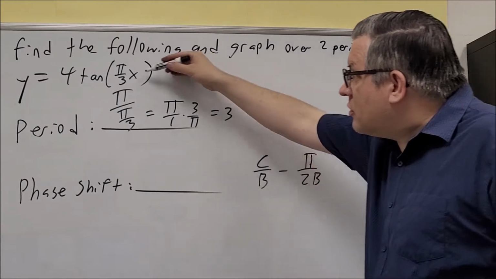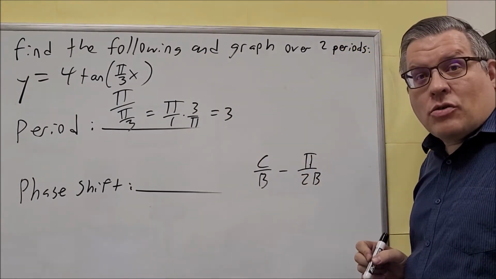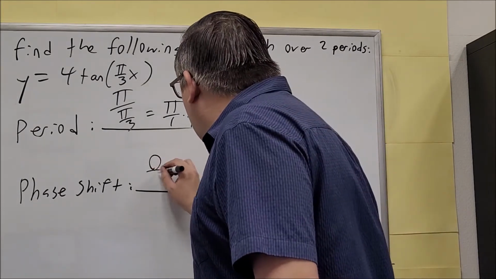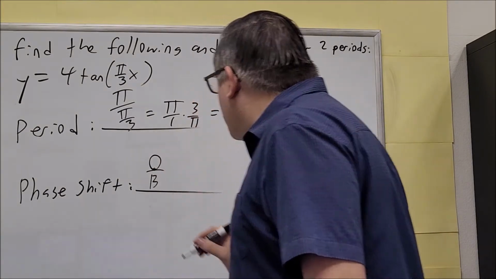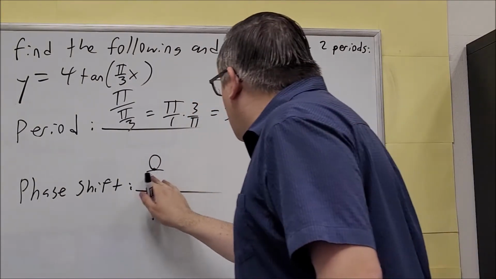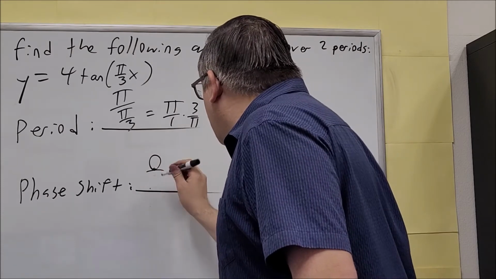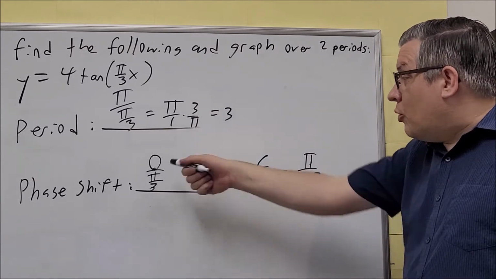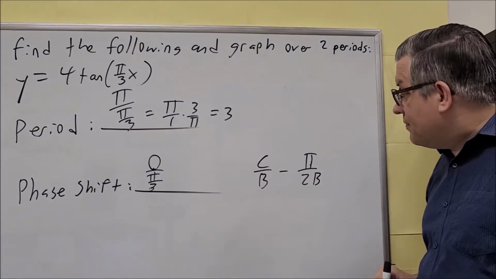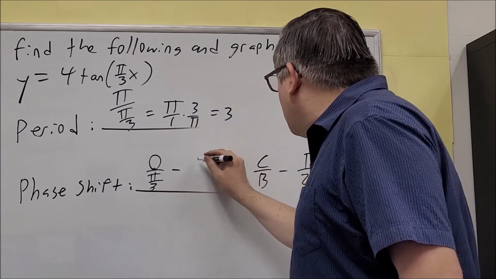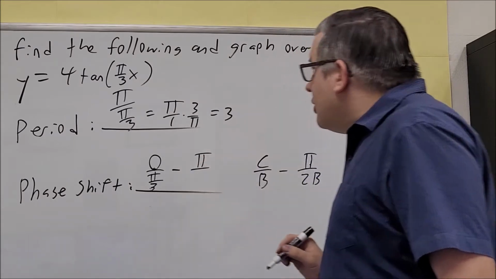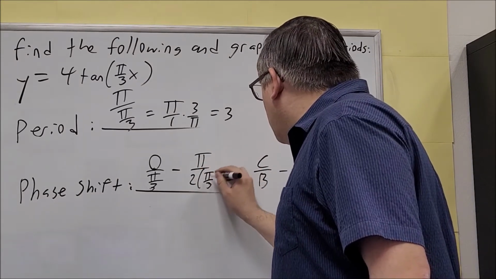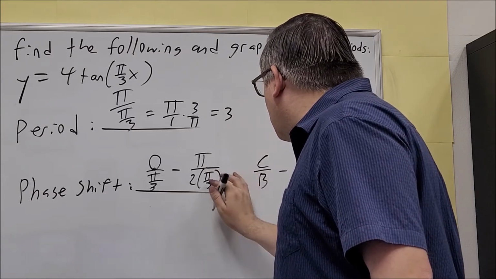When that occurs, our c is 0. So we have 0 over b, which in this case our b is pi over 3. It's going to end up being 0 anyway, but we'll go ahead and put that in there. Then we have minus pi over 2 times b, 2 times pi over 3, we're going to put into that formula.